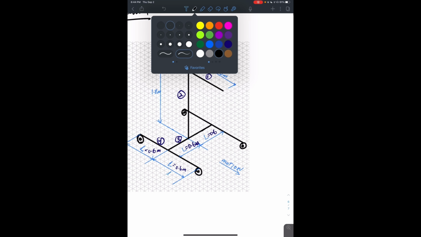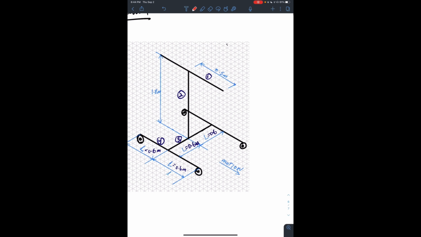We had a reaction force of 225 on either end. And also we had, in this plane here, a torque that was being applied. And this torque was 131, I think it was newton meter.